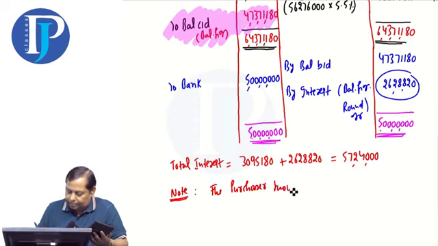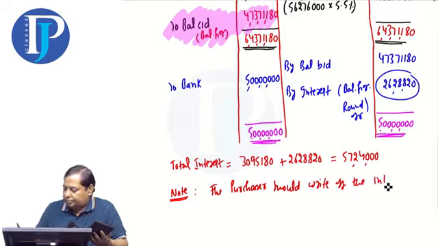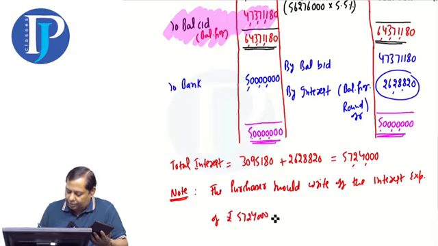The purchaser should write off the interest expense of rupees 57 lakh 24,000 in the profit and loss account.